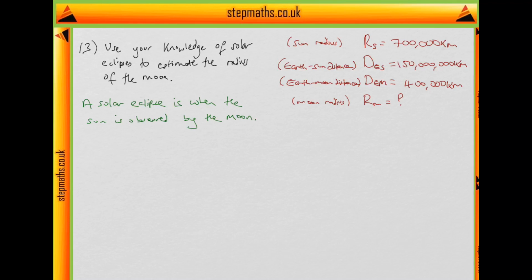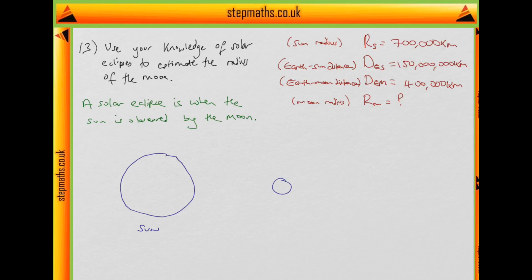Now we have to use this fact somehow to estimate the radius of the Moon. I would start, as you do with most physics problems, by drawing a diagram. So let's draw our Sun, and we'll label that Sun. And we'll have the Moon.